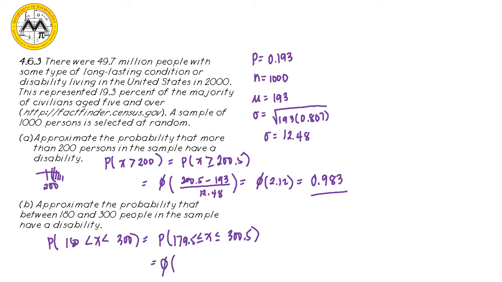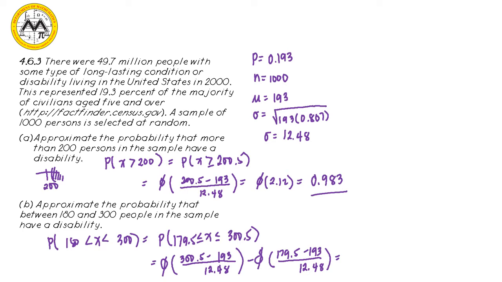So that would be phi of (300.5 minus 193) over 12.48 minus phi of (179.5 minus 193) over 12.48.